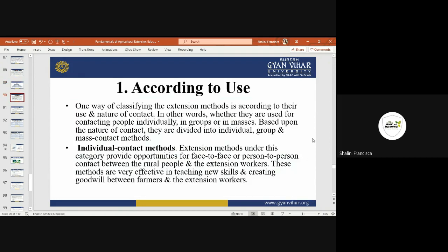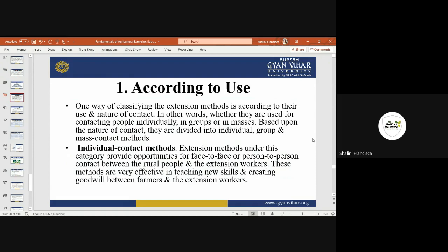Okay, so now we move on to the first one, according to use. One way of classifying the extension methods is according to their use and nature of content. Why do we classify by use?